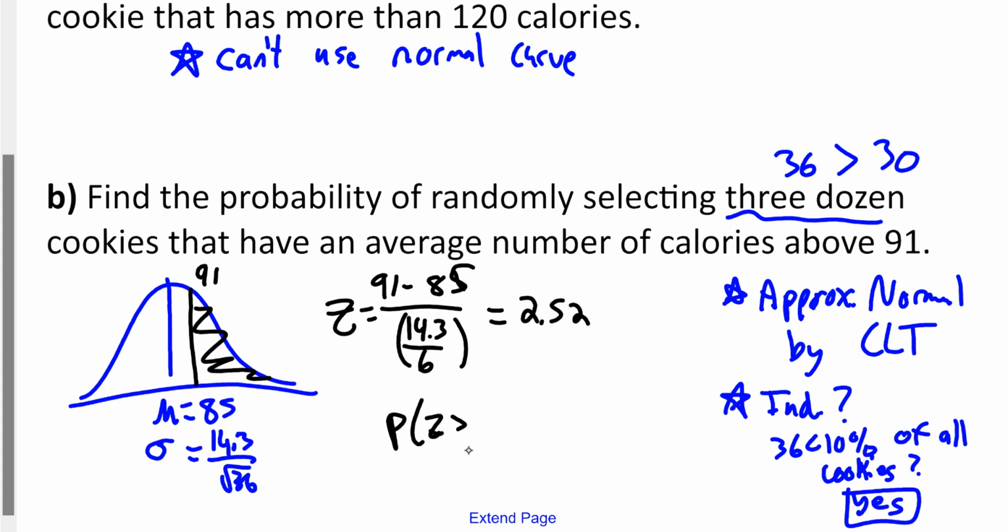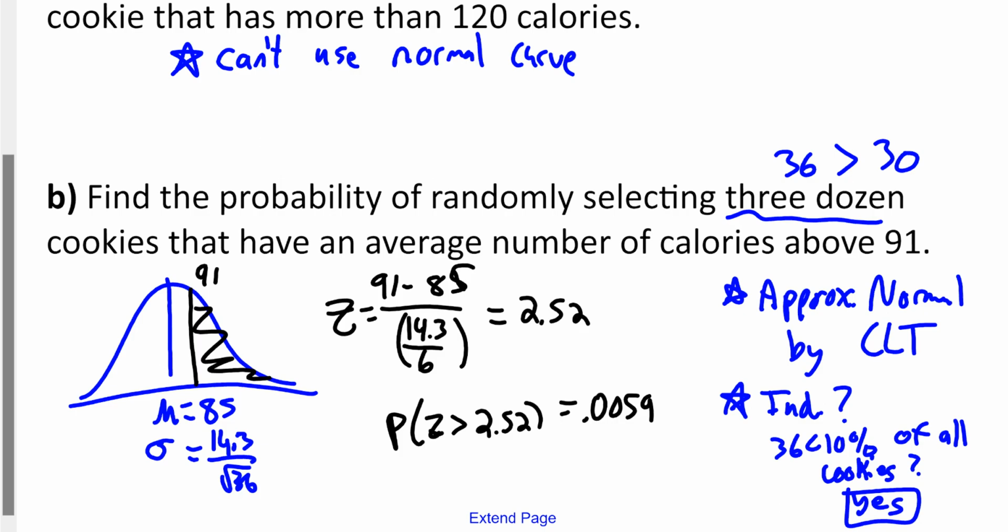And the probability that z is greater than that, well, it's not a real high probability. It's actually pretty low, and it's 0.0059. Is that the same one we had on the last example? Seems awful familiar to me, and I didn't realize that. It's very close, very similar. So there's a 0.59% chance that the average number of calories would be above 91.